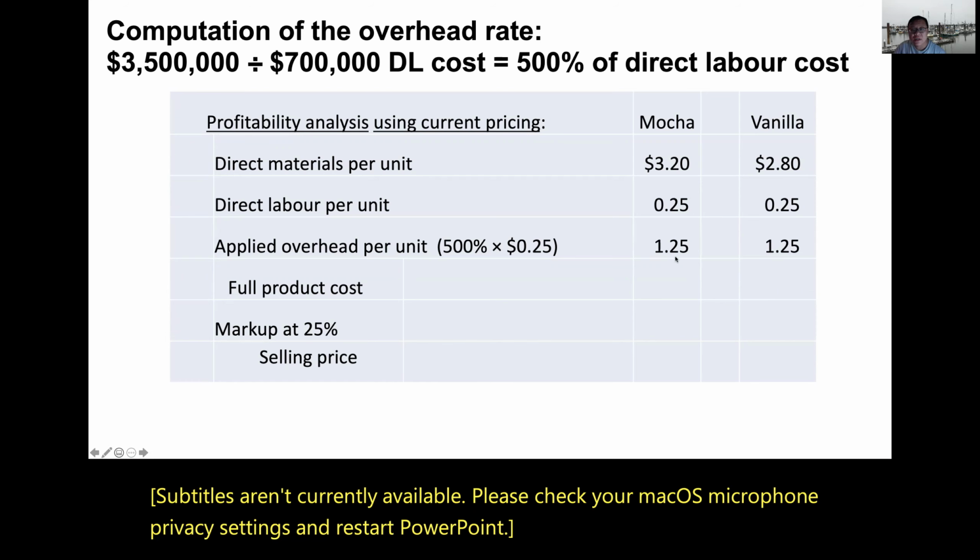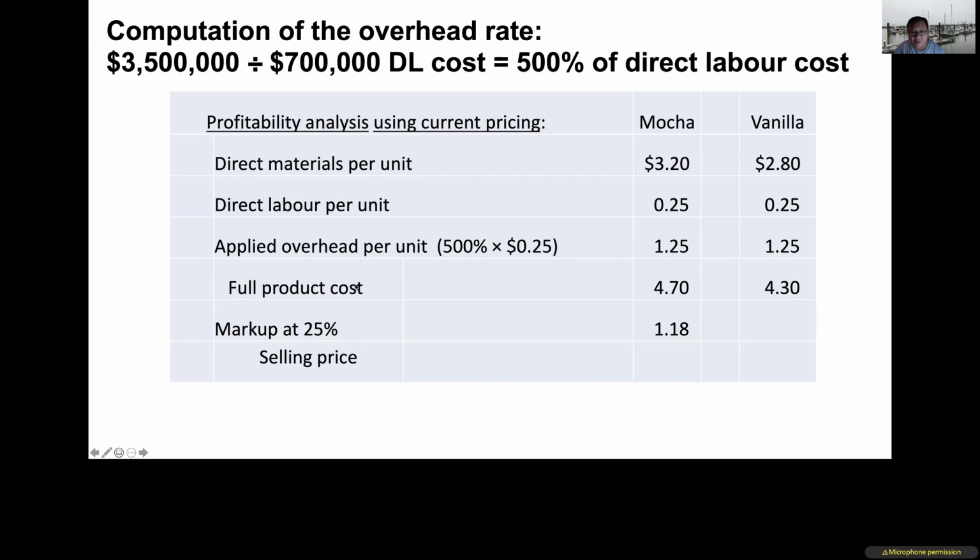That's the overhead. When you add up all three components of the product cost, the full cost is 4.7 for mocha and 4.3 for vanilla. They are trying to make a profit equal to 25% of the cost, so 1.18 for mocha and 1.08 for vanilla.